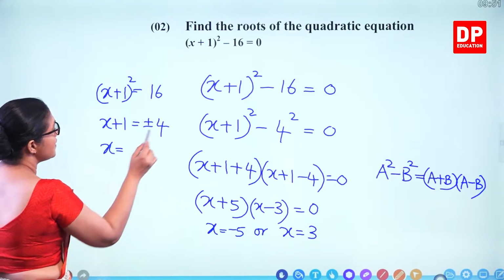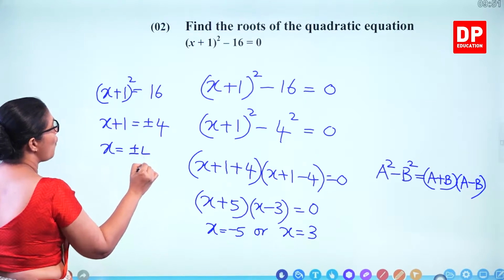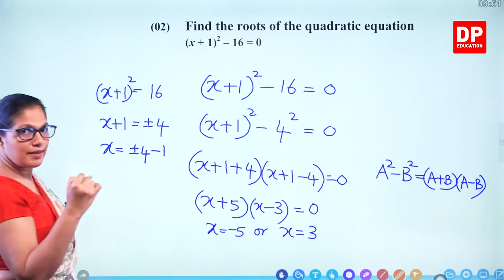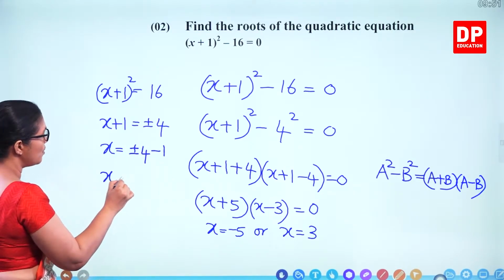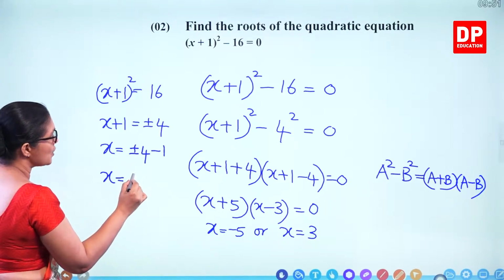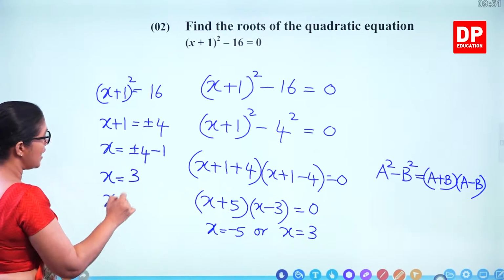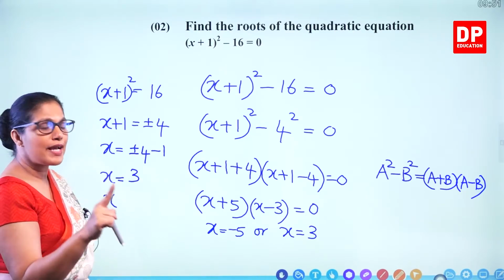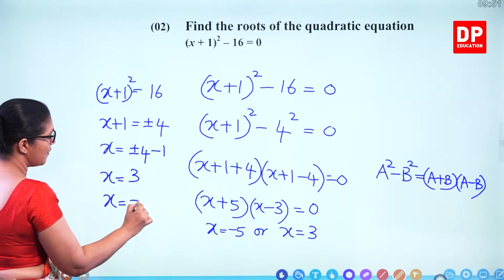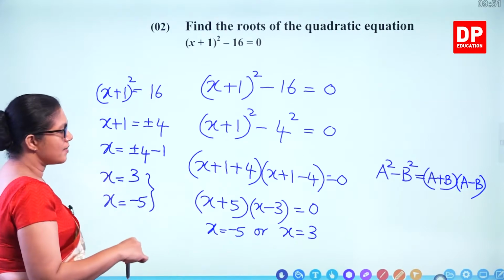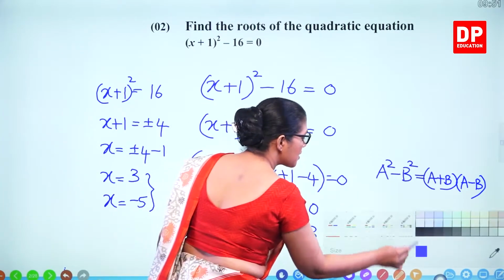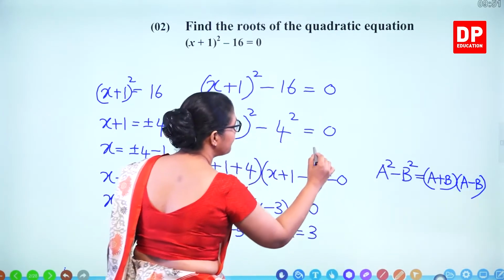So you get x equals plus or minus 4 minus 1. So when you take plus value, you get 4 minus 1, 3. When you take negative value, negative 4, negative 1, negative 5. So you get the same answer. So you get 2 marks for this question.